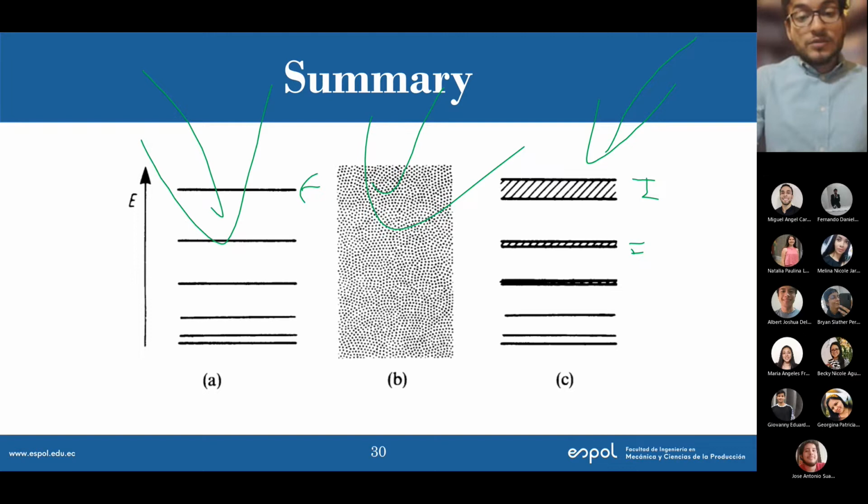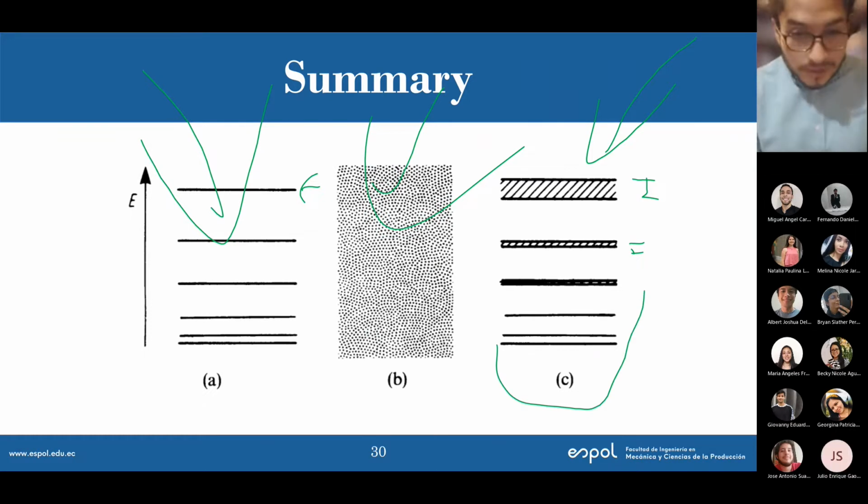And this is the case of a solid. These are actually energy bands. In the periodic field case that we saw before, it's more like a periodic line of energy.